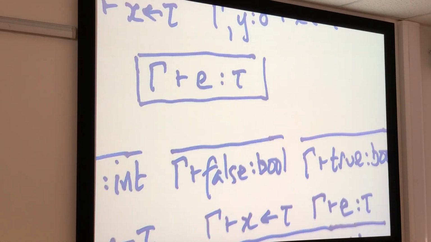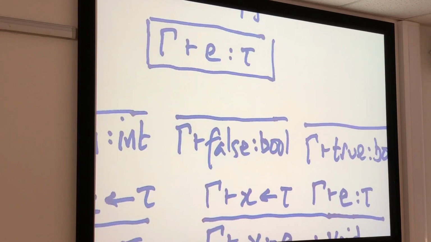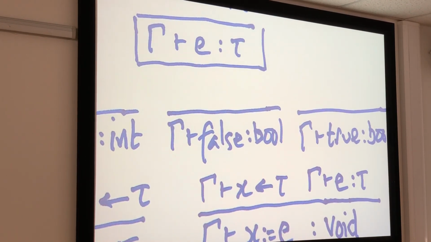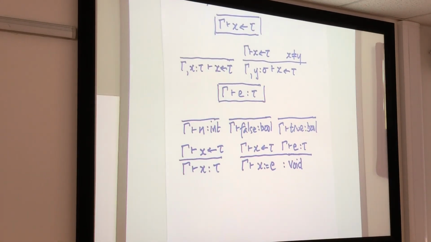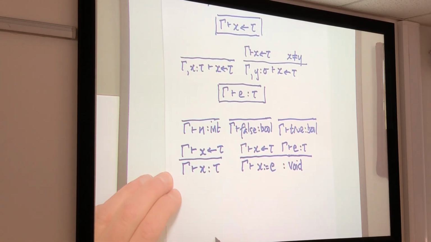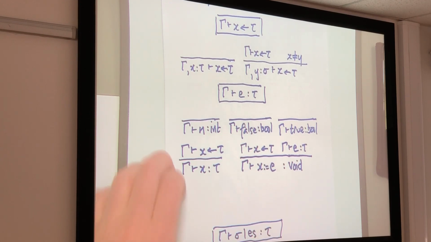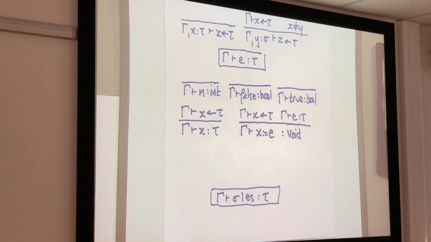So more rules for expressions in a moment, but I'm going to do blocks. Better zoom out again. Here's my typing judgment for blocks. The idea is that we've got two types kicking around.